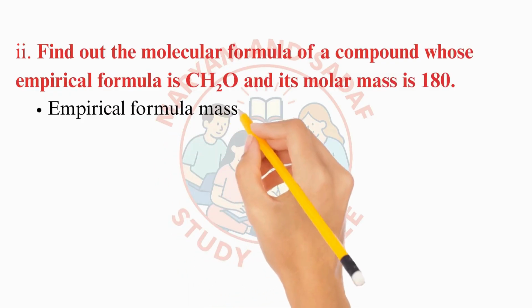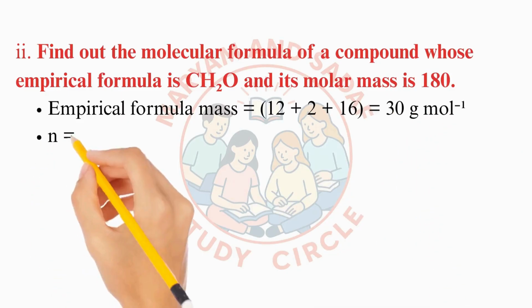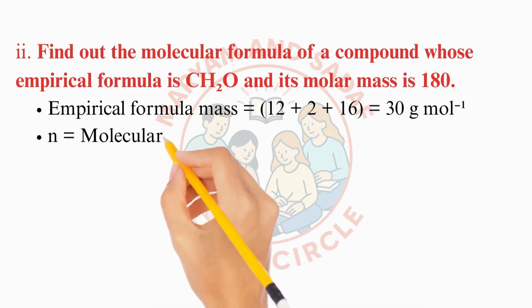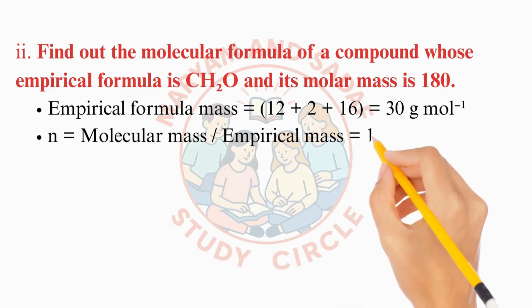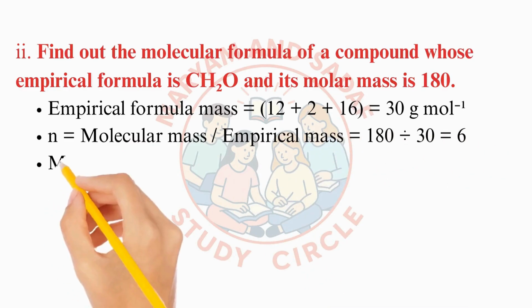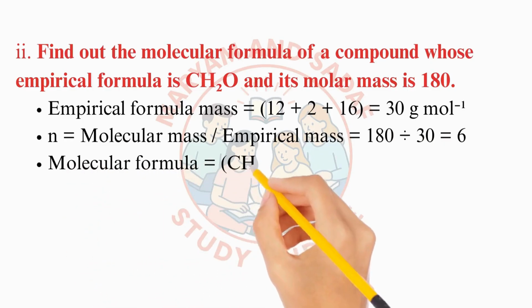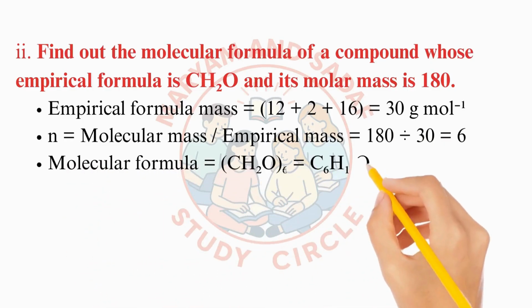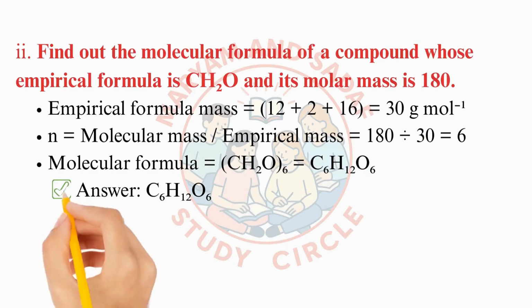Molecular formula equals (CH2O)6 equals C6H12O6. Answer: C6H12O6.